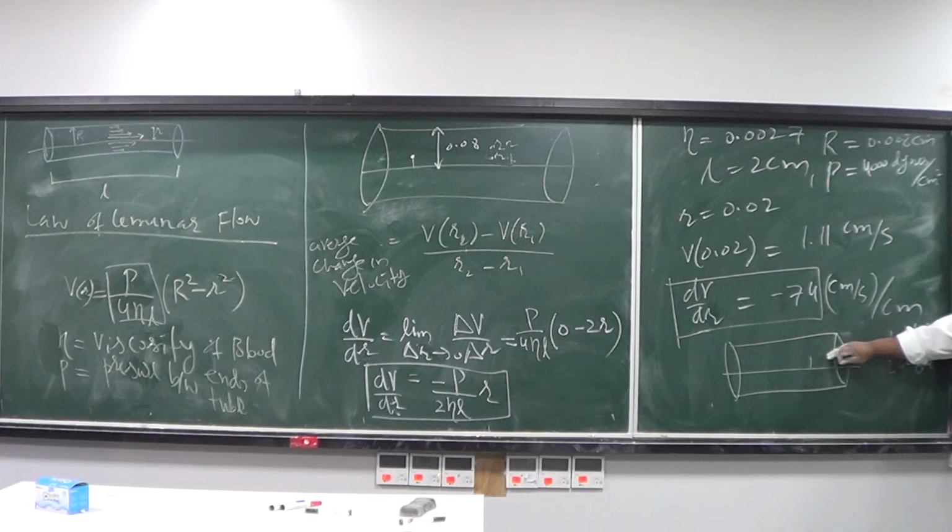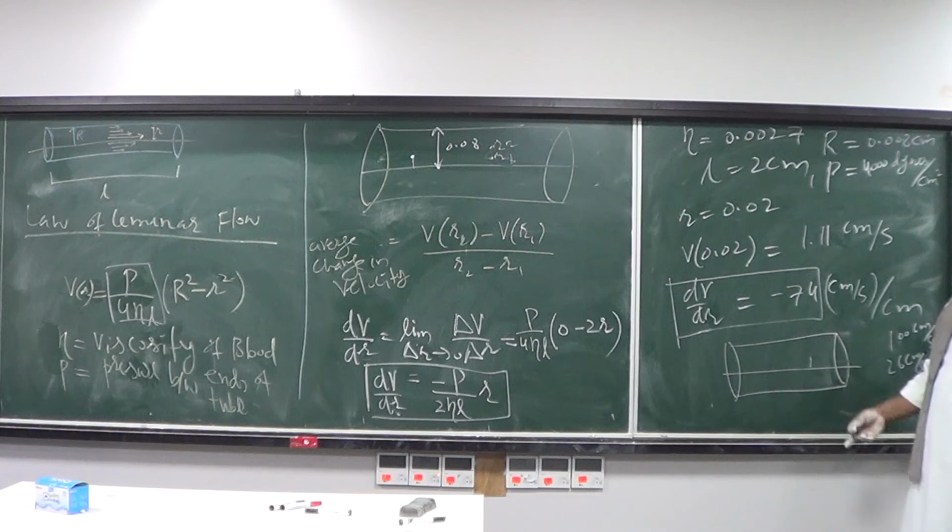Just by a single 1 centimeter drift, your velocity is going down by 74 centimeter per second. And if you drift 1 more centimeter, the blood will almost stop moving.